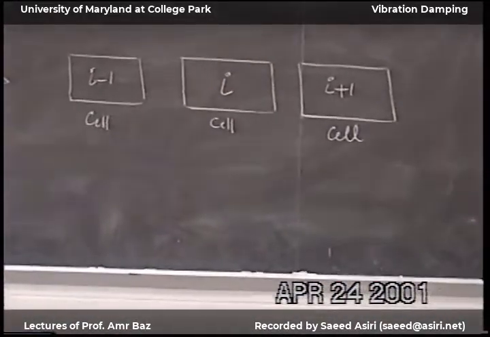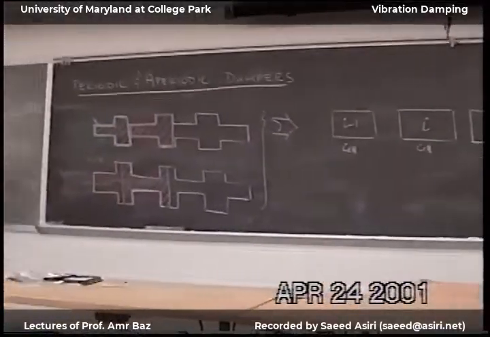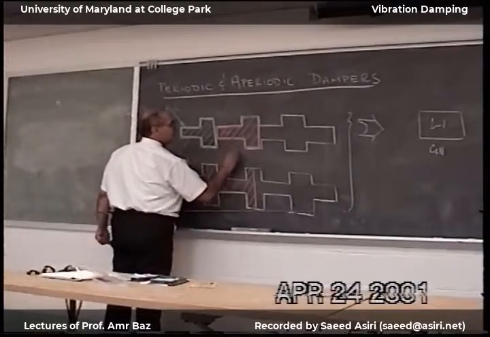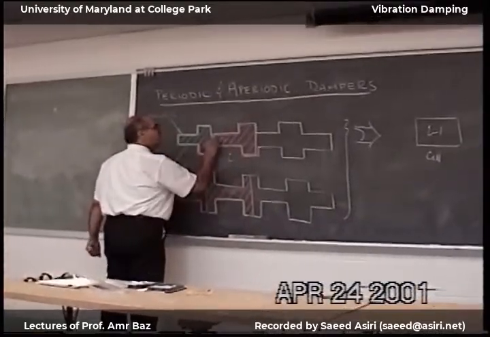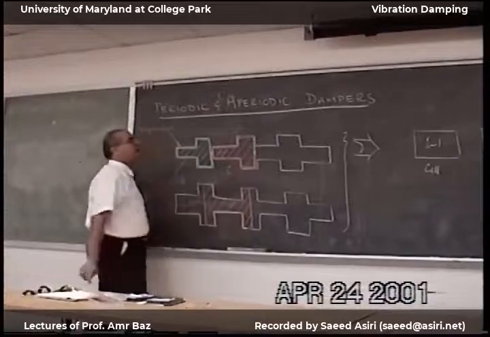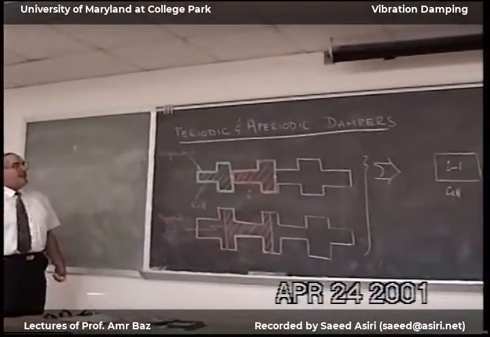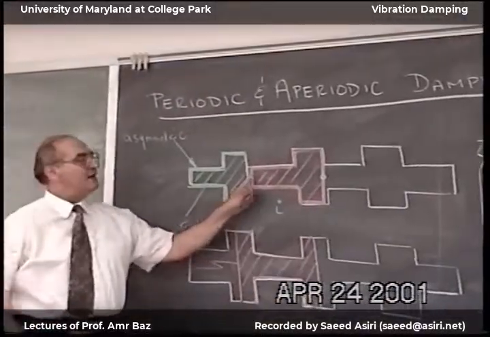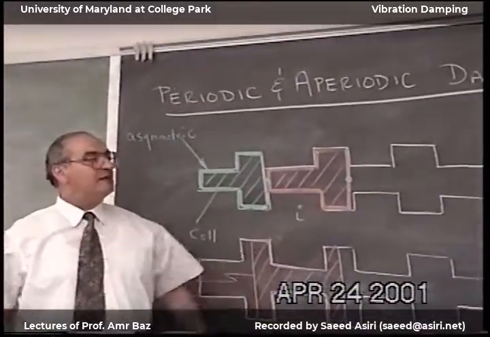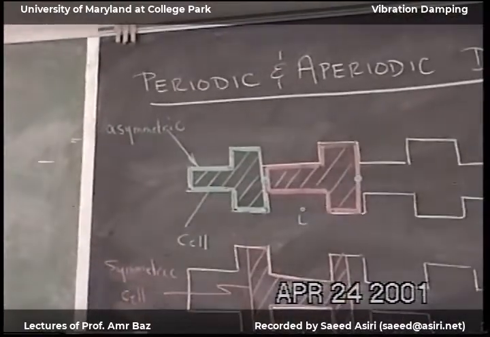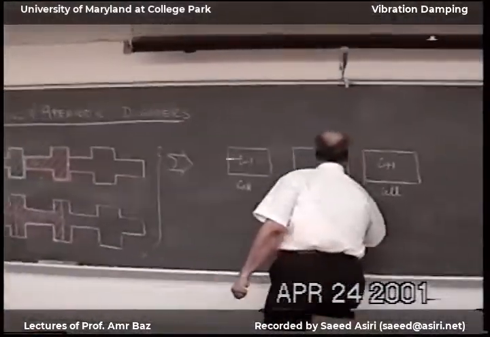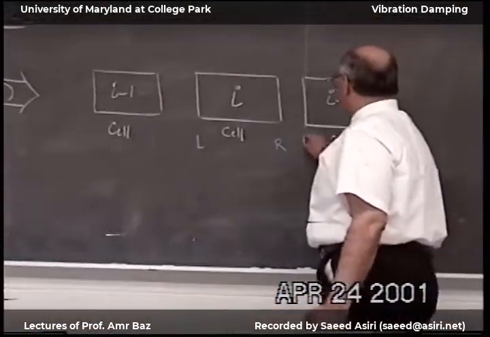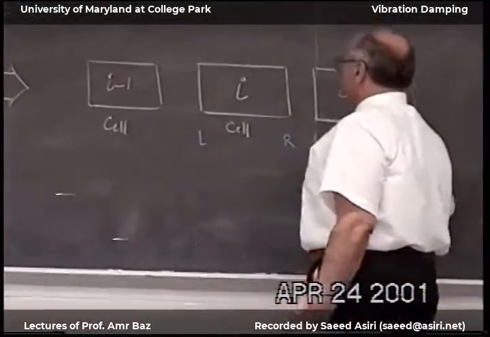In the first simple case that we have, which is one-dimensional elements, I can, for example, this is cell I. I have here a node, and I have here another node. And I'm going to call this node the left, and I'm going to call this node the right. So this is left and right. And the same thing for other cells, left and right.